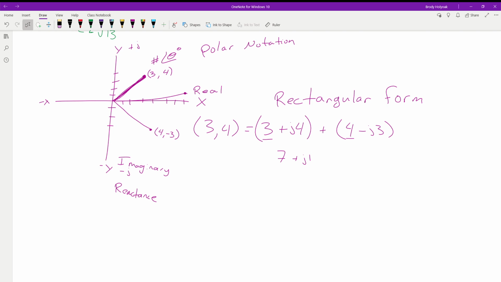But the idea here is we're actually applying the trig. We're not just making angles, we're not just making triangles, it all has its purpose. And the purpose is these relationships between these notations. Because the difference is you can add and subtract and you can multiply in rectangular form.